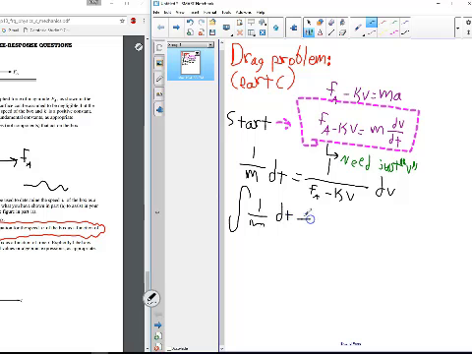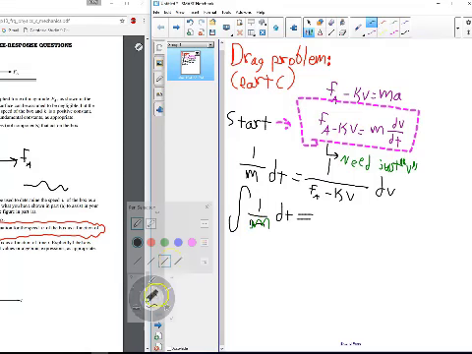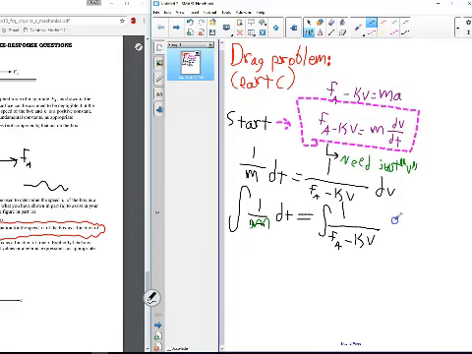Yes, that's an m, and it's in green, of course. Just brighten up my day. Over 1, the integral of 1 over f sub a minus kv dv. Okay, here comes the tricky part.